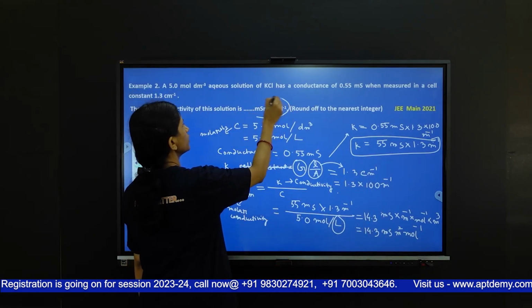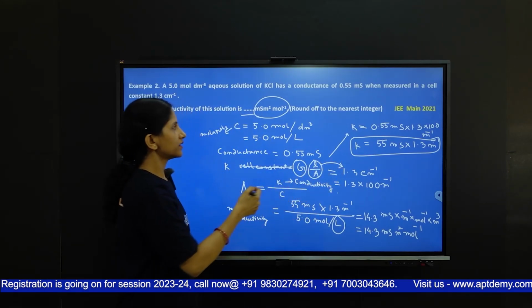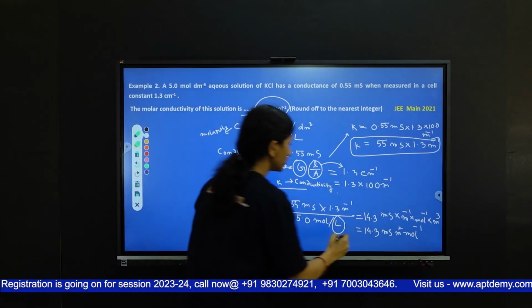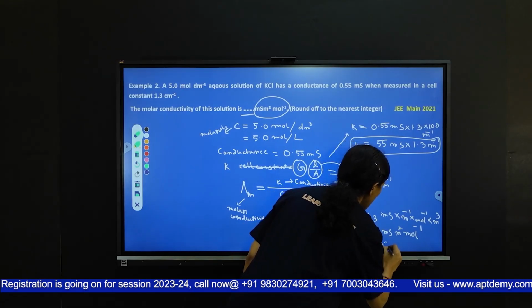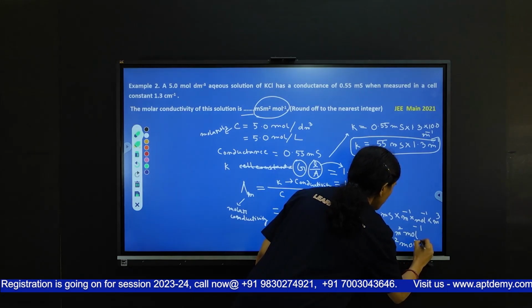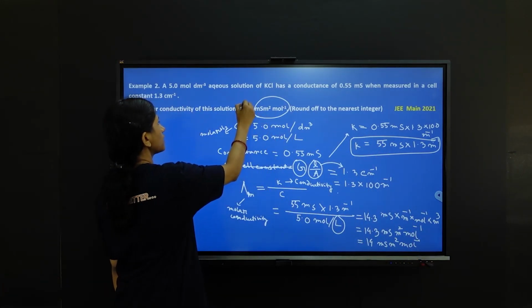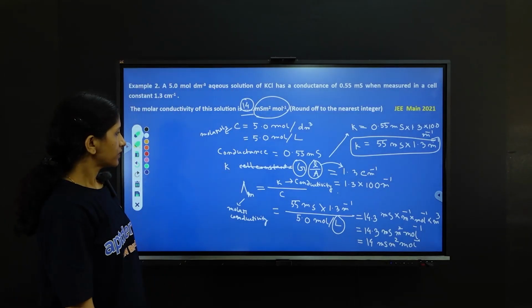You can check from here. So in the blank, if you consider the nearest integer, you have 14 millisiemens meter square mole inverse. So in the blank you will just put the number 14, right?